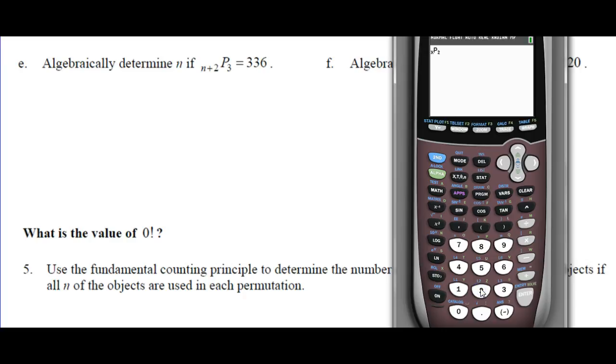Now, I don't want to graph that. What I'm going to do is go look in the table. Oh, it's got to be in Y equals. My bad. Go to Y equals and put in X, math, over to PRB, XP2 in Y1. Then go to the table and say I'm looking for 56.